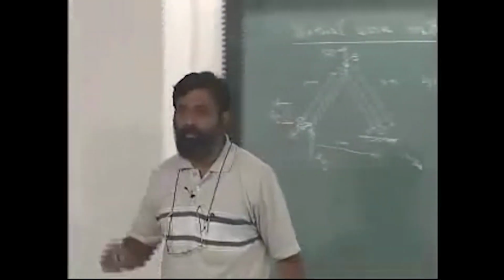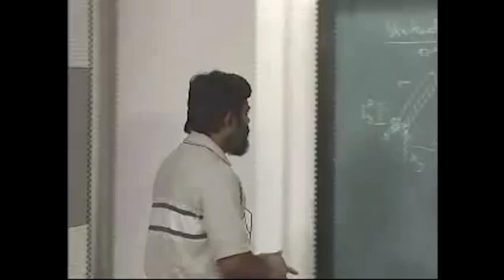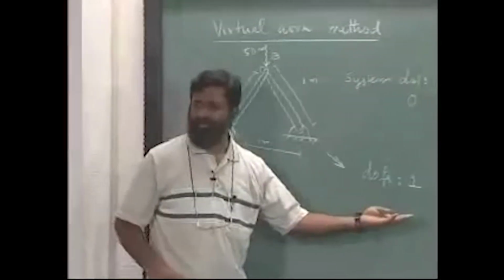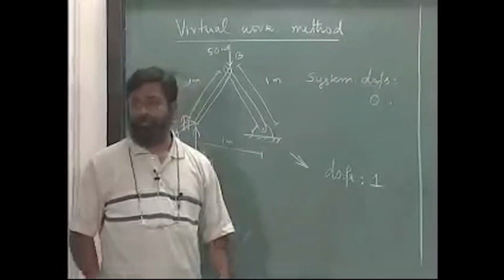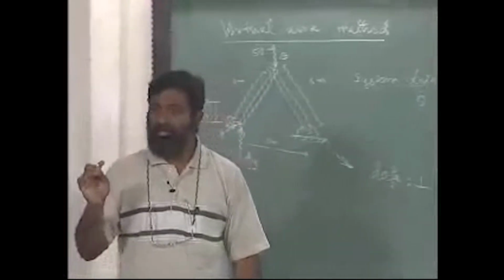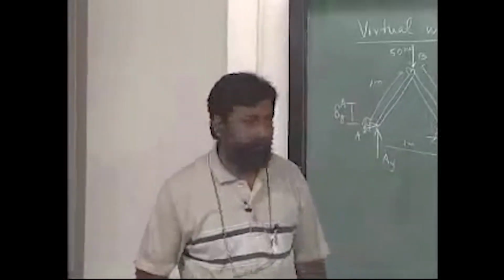One more important point before moving. What do I mean by this degree of freedom, sir? It is not very clear to me. So, I am going to make it clear by giving a simple example.